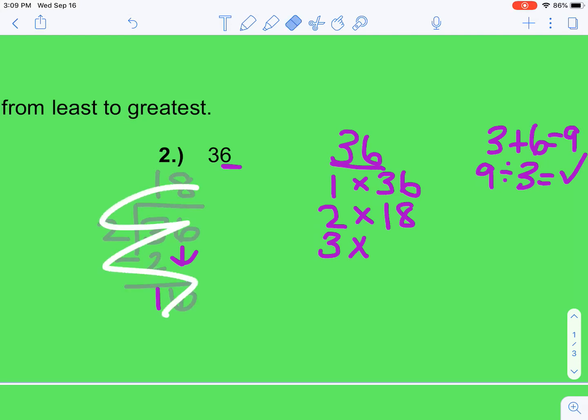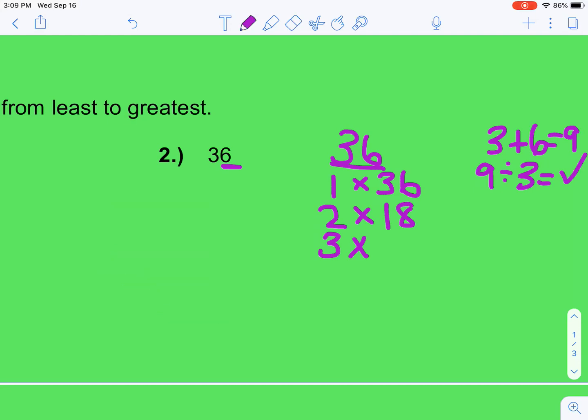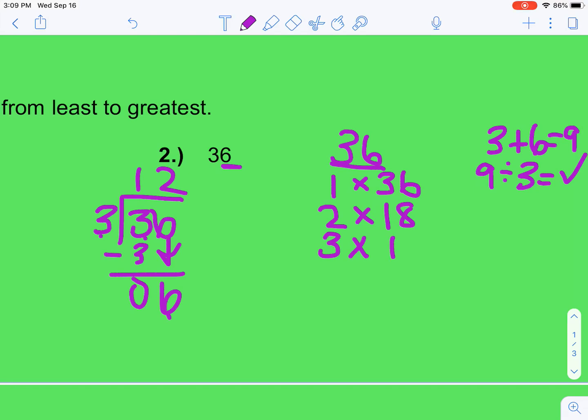So I'm going to do some more division. 3 goes into 36. How many times? 3 goes into 3 one time. Carry my 6. 3 goes into 6 2 times, so 12 is my answer.